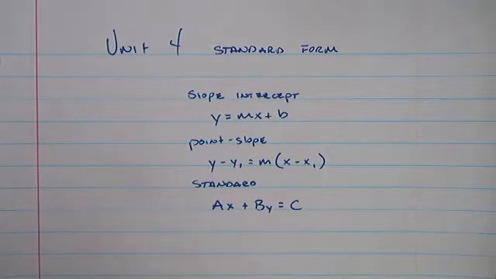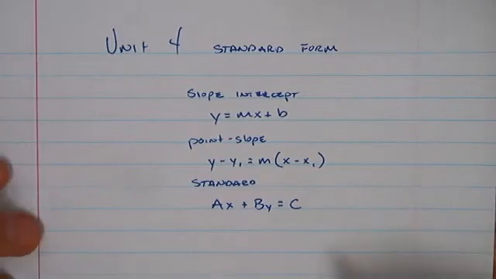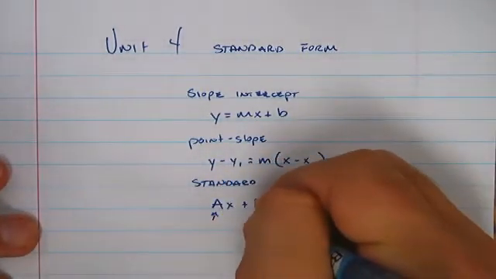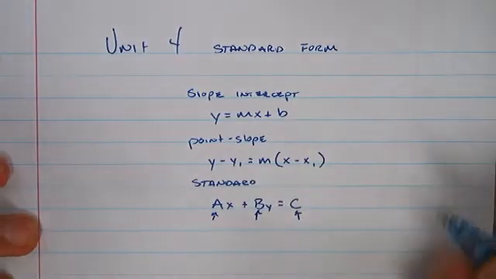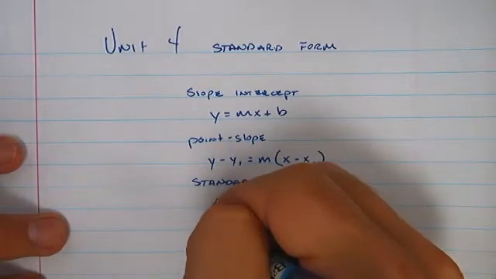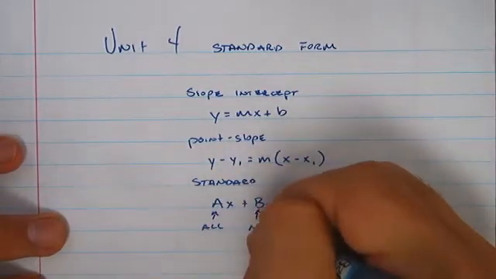So ax plus by equals c. All right, and what we have to realize about standard form is there are three parts here: A, B, and C. And these are all numbers.